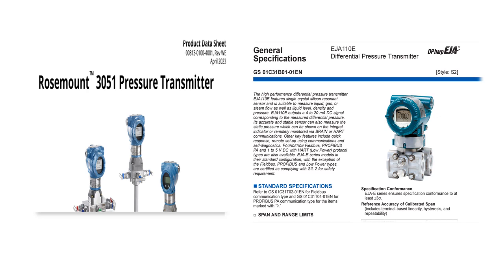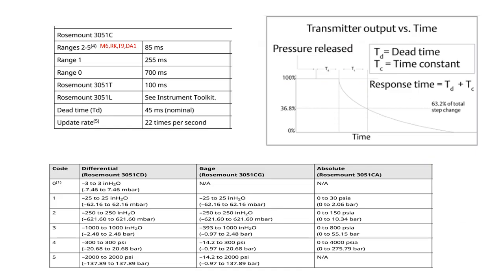One is Rosemount 3051 and another is Yokogawa EJA110E. Now, in the case of the Rosemount 3051C, these are the response times for the 4 to 20 milliampere HART transmitter, right? And here the response time is given by the 63.2% of the total step change, and this is the time constant, plus there is a dead time.